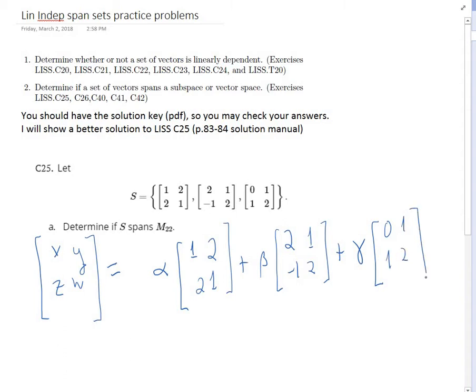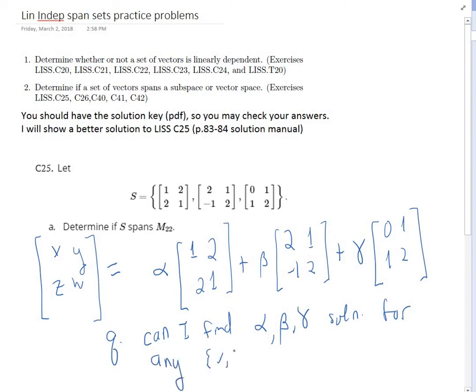Now, if I can find alpha, beta, gamma for any x, y, z, w, that means that these 3 vectors span all of M22. So the question is, can I find an alpha, beta, gamma solution for any x, y, z, w?